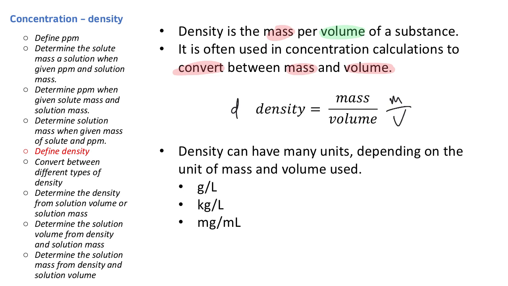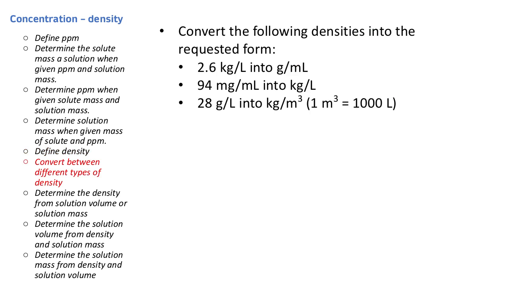But any mass of any volume, and you have to be able to convert it from the various units. What I will say is that when you look at the question, you have to look at what the unit is and convert things to that unit, and then you'll be able to solve the answer. So let's look at the first couple of examples. Let's go convert these into the requested form. So 2.6 kilograms, so 2.6 kilograms per liter.